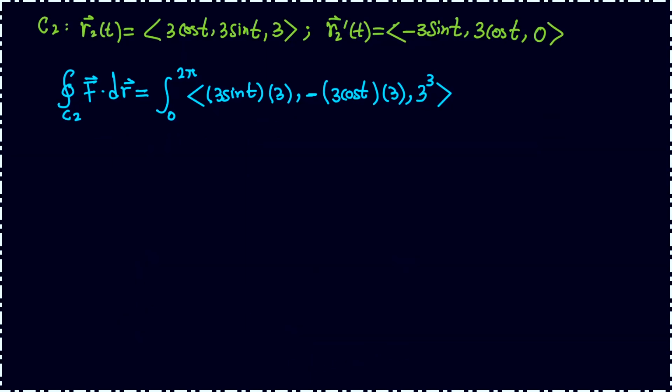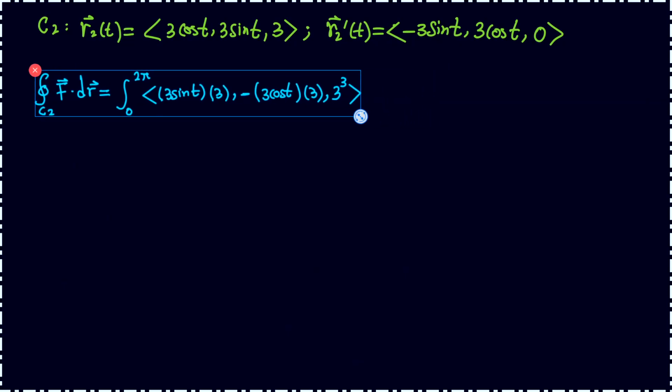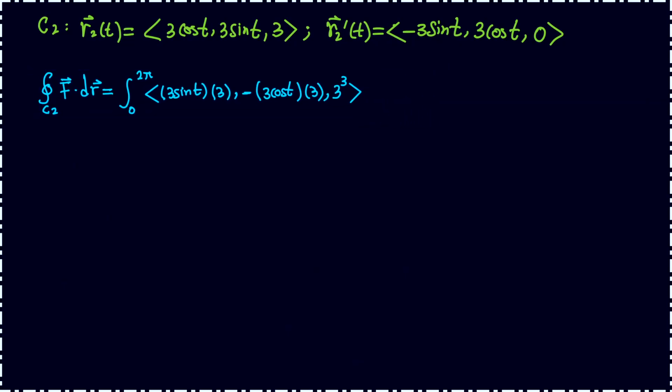We composed R into that vector field. And again, I don't have enough room to write down R prime, so let me resize this a little bit. Okay, so we're going to dot that with R prime. Do the dot product.